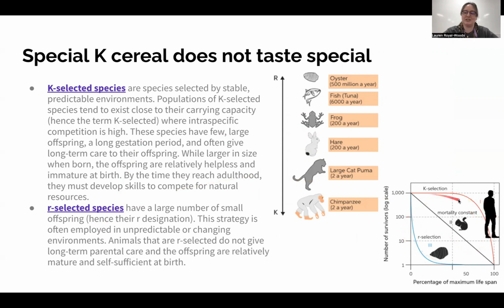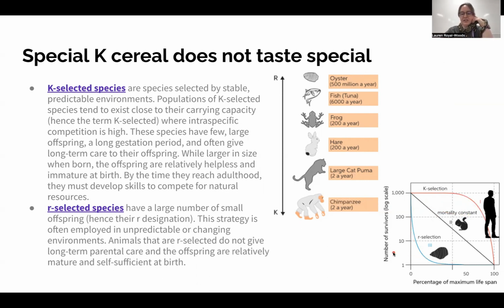So K-selected species like humans, we put in all that work to make sure that we get our kids to adult stage, so then they can go off and live, hopefully, theoretically. And R-selected species make a ton of kids and hope some of them survive, and then the ones that survive live for a long time.